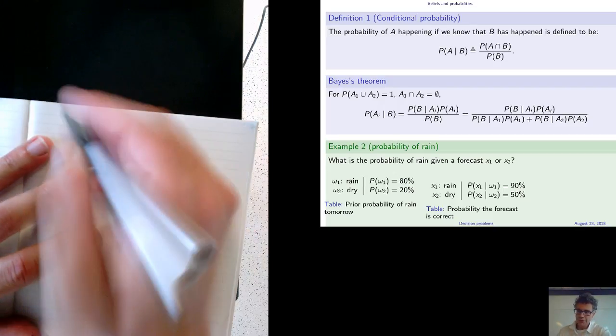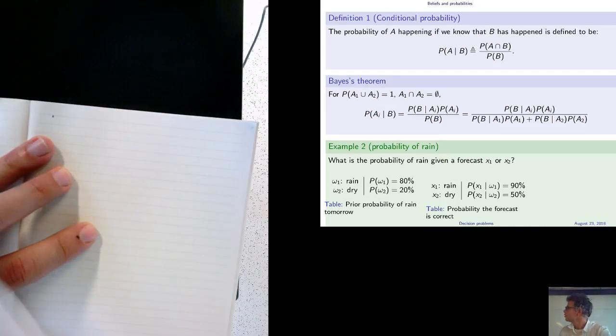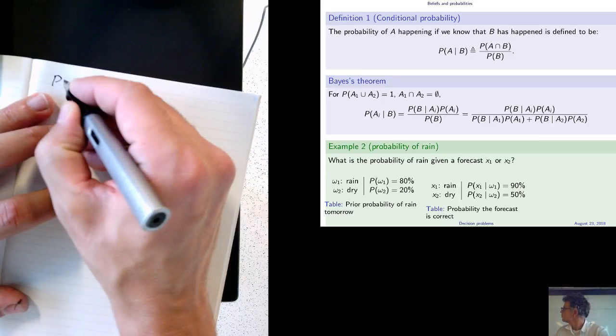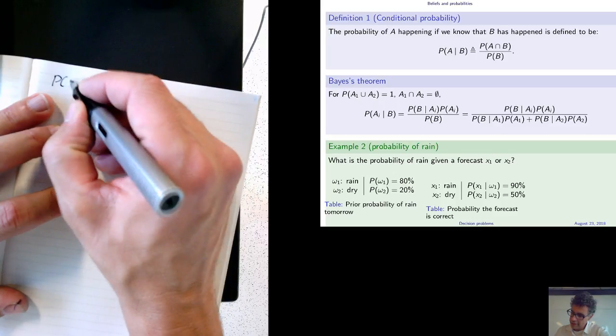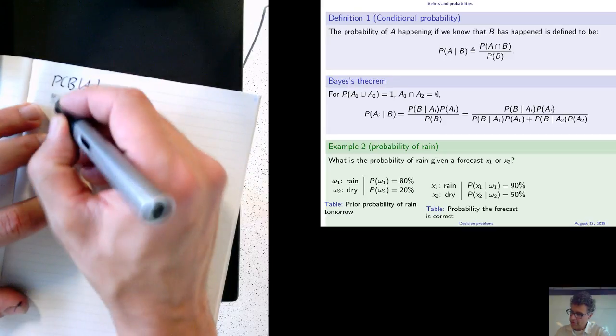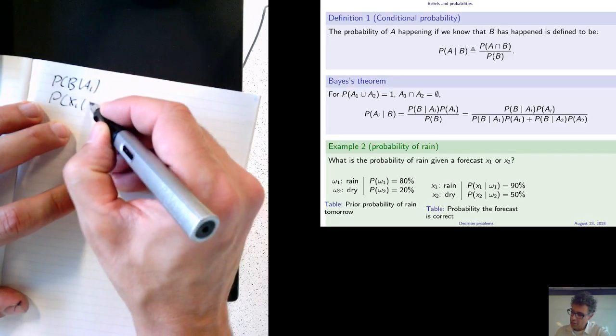We want to write, first of all, the probability of B given Ai, or in our case, the probability of X1 given omega 1.